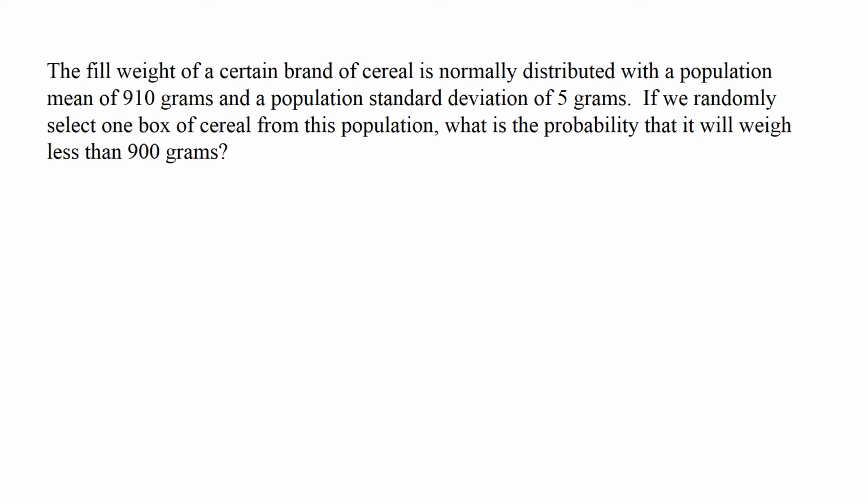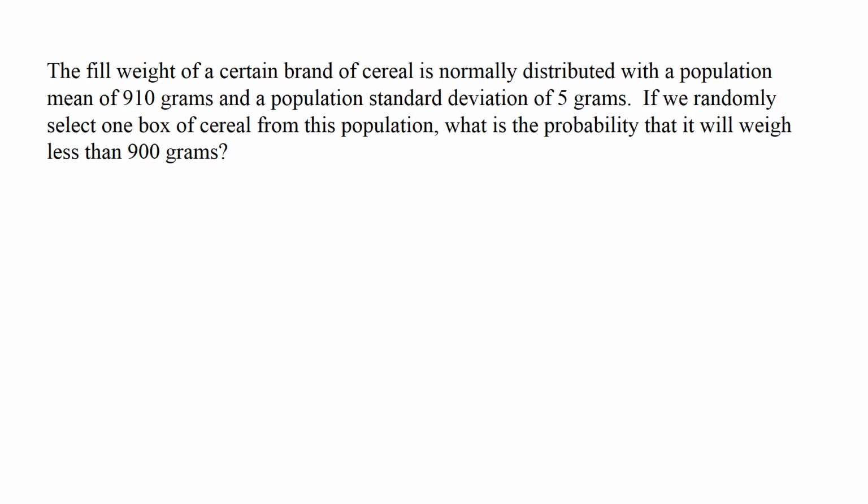In this question, we know the mean is 910, so the distribution will be symmetrical with 910 under the peak of the distribution. We want to know the probability the box will weigh less than 900 grams. 900 is less than 910, so draw a mark along the horizontal axis somewhere less than 910. You don't have to be super precise here.